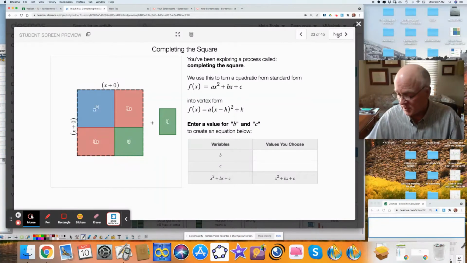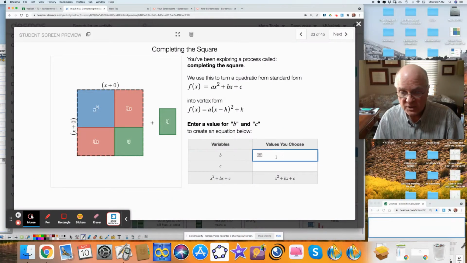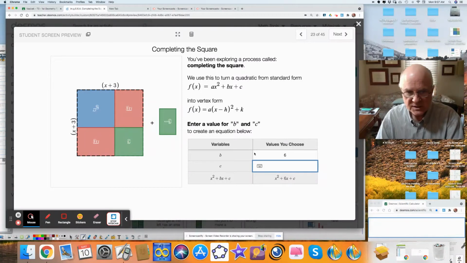Now, you've been doing this process called completing the square. We use this to turn a quadratic from standard form into vertex form or factored form. And so you can choose any numbers you'd like. I could choose 12, in which case this would be a positive number, or I could choose 6, and this would be a negative number.